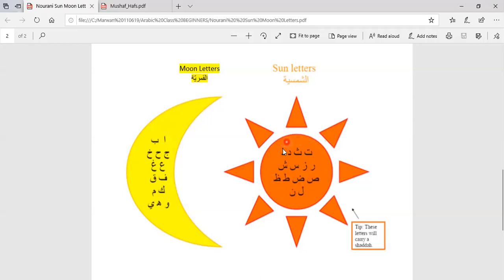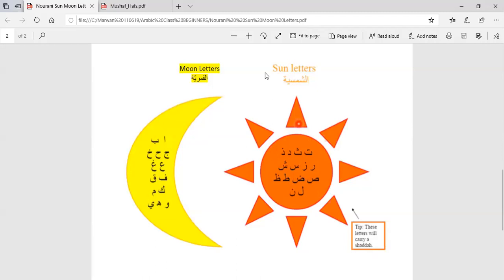These letters are the solar and these are the lunar. And the tip is: all the solar letters, when they come after the lam, have a shadda with them, and you ignore the lam.